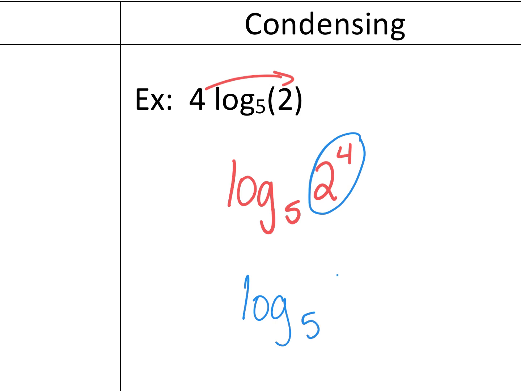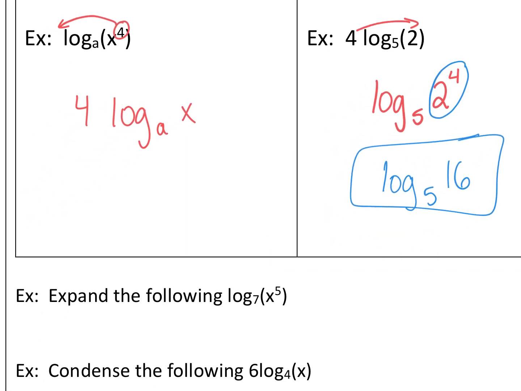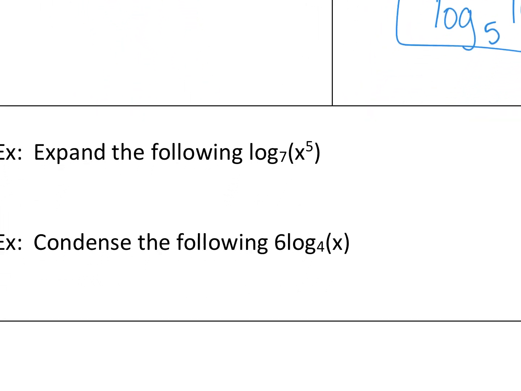So I can make this a lot more simple by just writing log base 5 of 16, and that would be my answer there. So once again, that goes for condensing. If you can evaluate, do it. You won't always be able to, but sometimes you can. All right, the two below there are for you. Go try them.